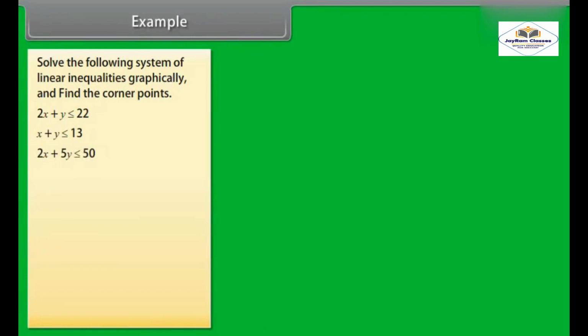Example: solve the following system of linear inequalities graphically and find the corner points. 2x + y ≤ 22, x + y ≤ 13, 2x + 5y ≤ 50, x ≥ 0, y ≥ 0.